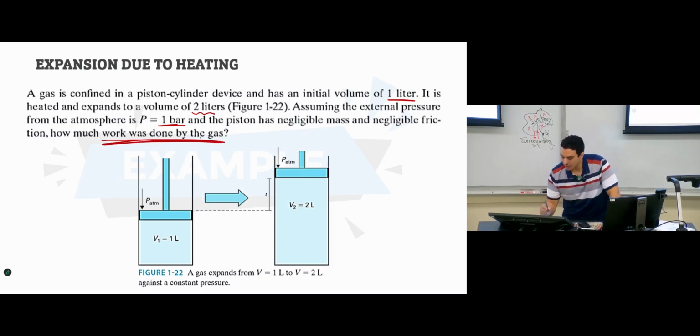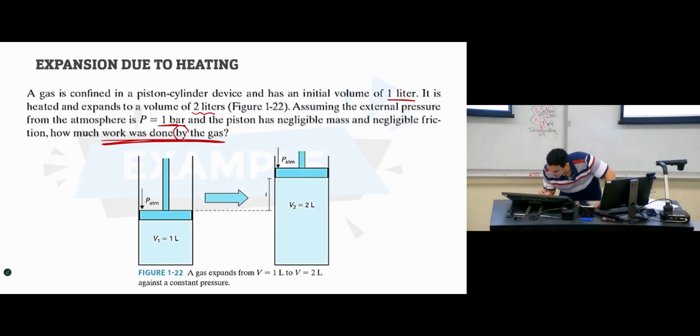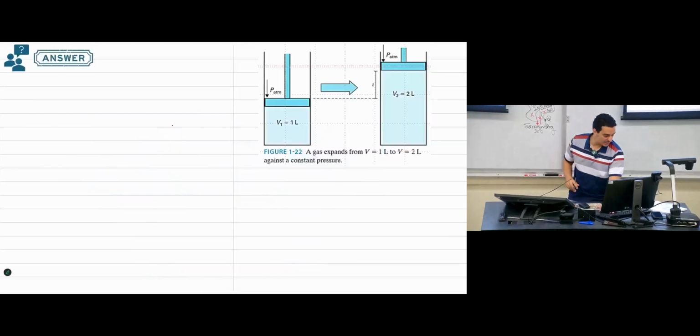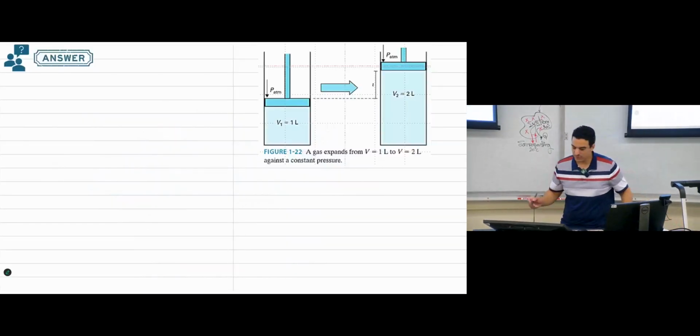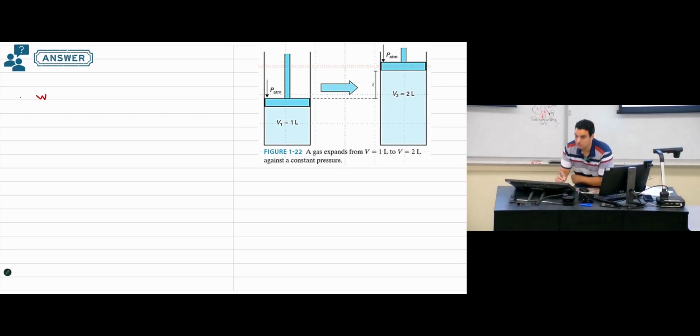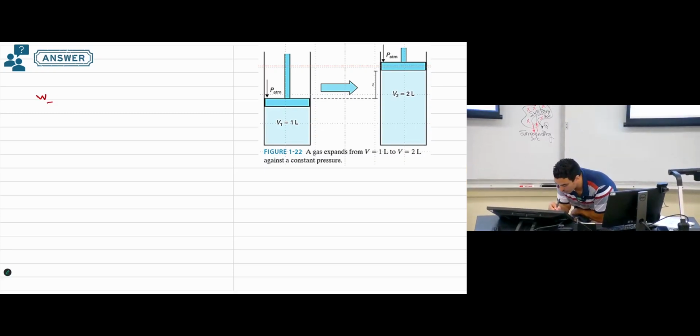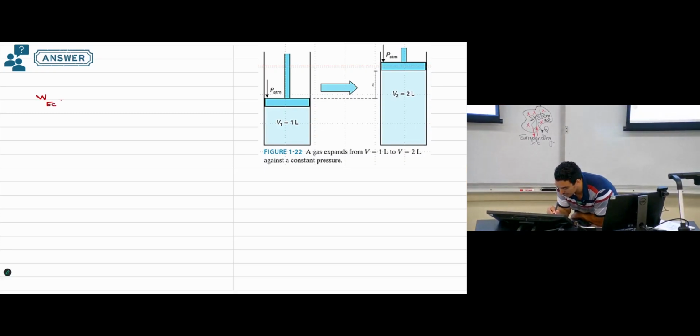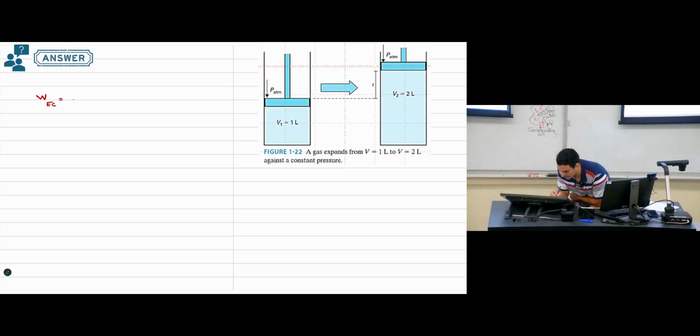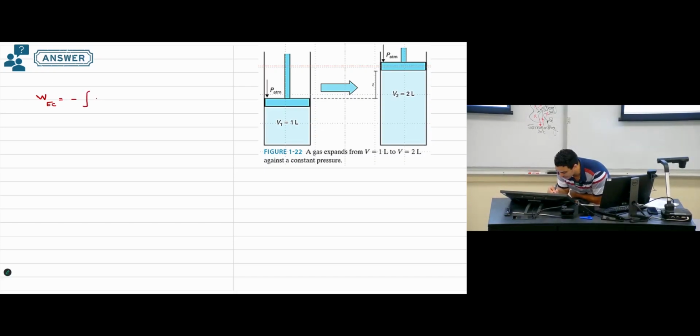Here the work is done by the gas. How can we calculate this? Based on the equation, this is a closed system with a change in the total volume, so the work here will be work of expansion and contraction. It is the negative integration of P dV from the initial volume to the final volume.